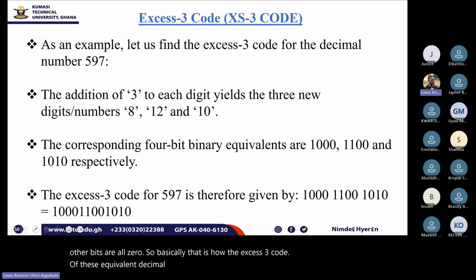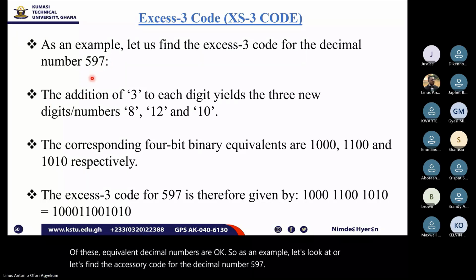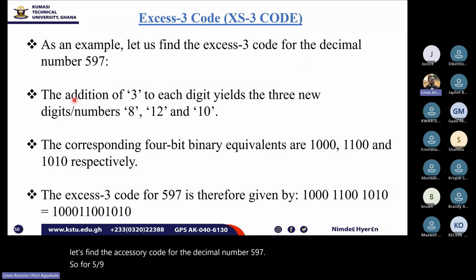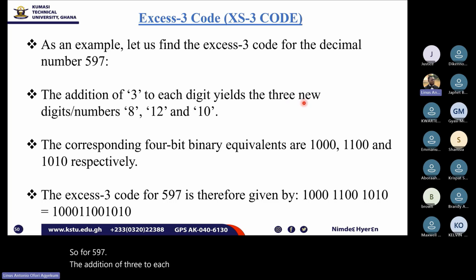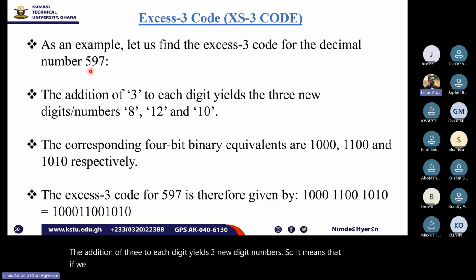Okay. So as an example, let's find the XS3 code for the decimal number 597. So for 597, the addition of 3 to each digit yields 3 new digit numbers. So if we're taking it from the left-hand side, if we're adding 3 to 5, that would end up giving us 8.